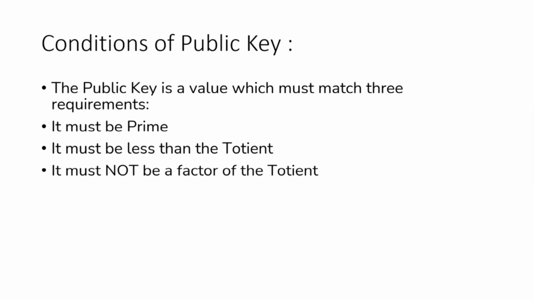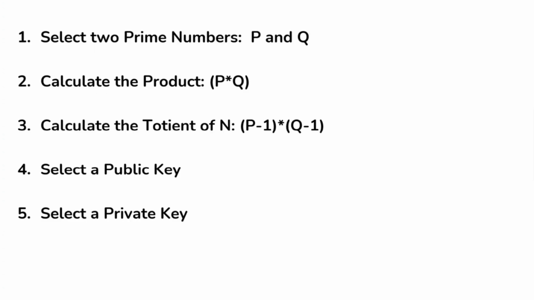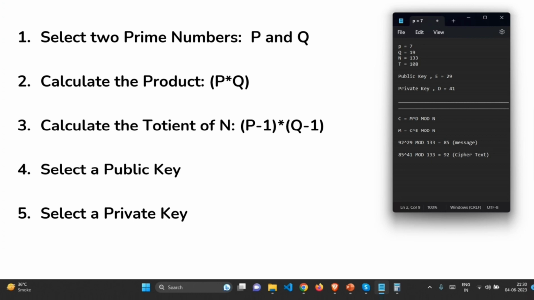The second condition is that it must be less than the totient, and third, it must not be a factor of the totient. So in this example, we're going to take 29 as the public key. As you can see, it satisfies all three conditions. It is a prime number, it is less than the totient, and it is not a factor of the totient.